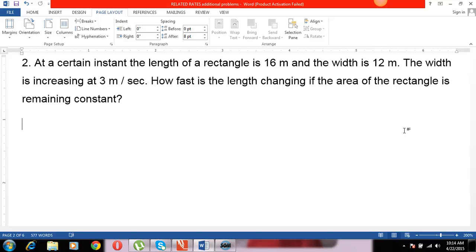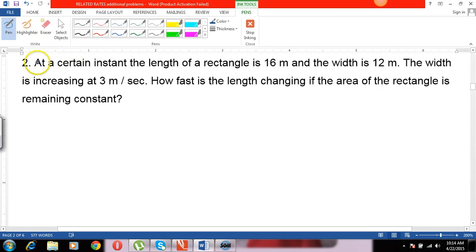For the first sentence, at the certain instant the length of the rectangle is 16 meter and the width is 12 meter, right? So from this sentence, we can extract the information: L is length, W is width of the rectangle.